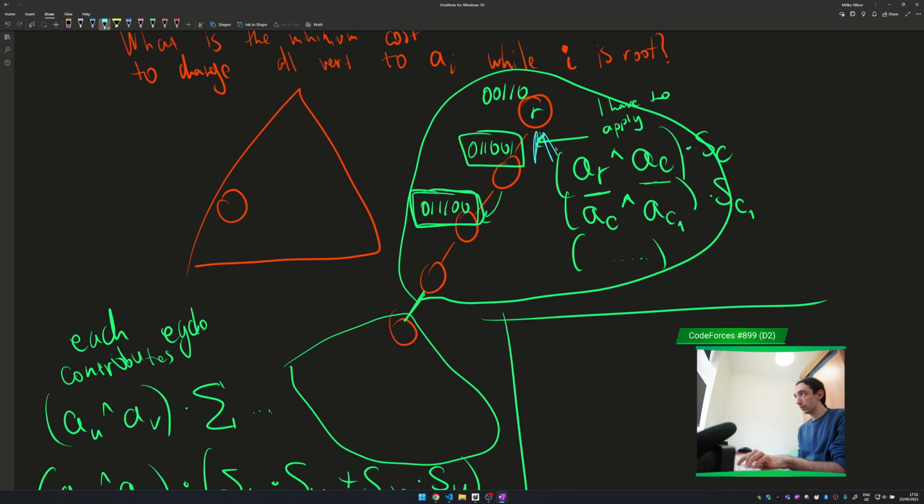We need definitely to subtract these from the root node here. These edges.